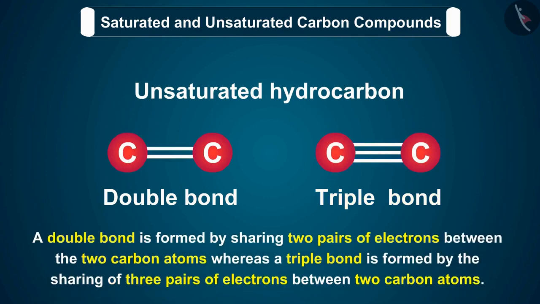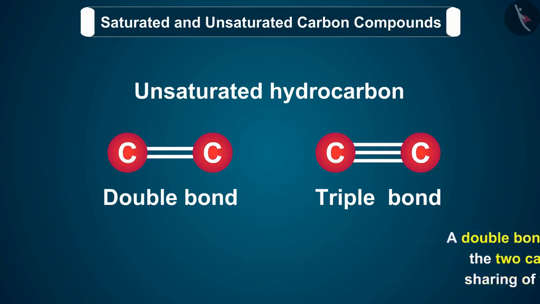A double bond is formed by sharing two pairs of electrons between the two carbon atoms, whereas a triple bond is formed by the sharing of three pairs of electrons between two carbon atoms.